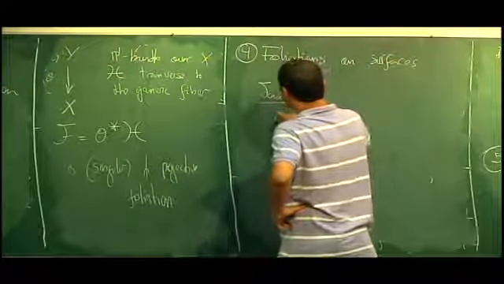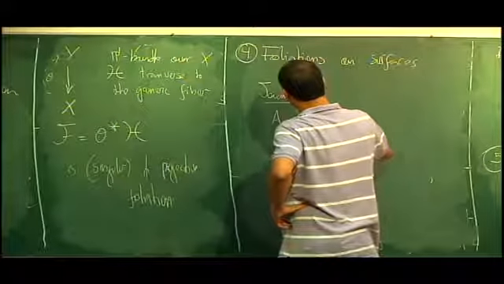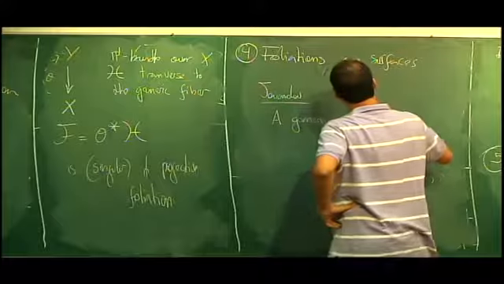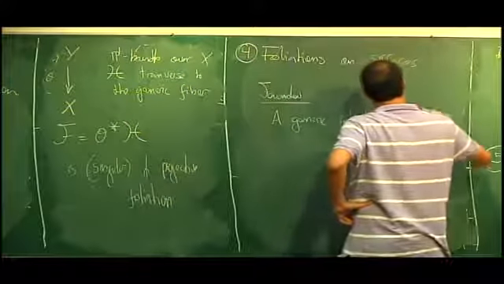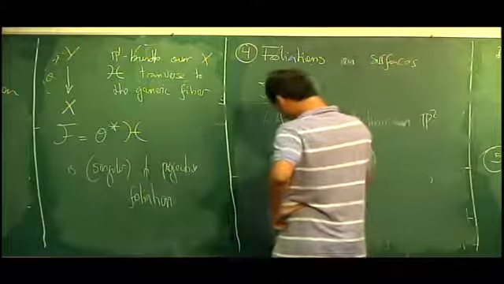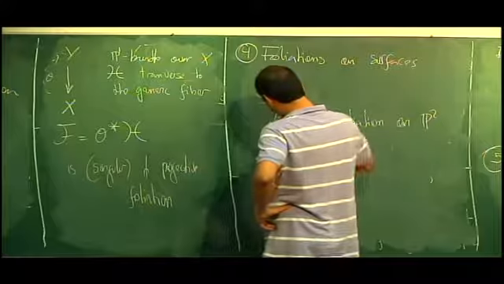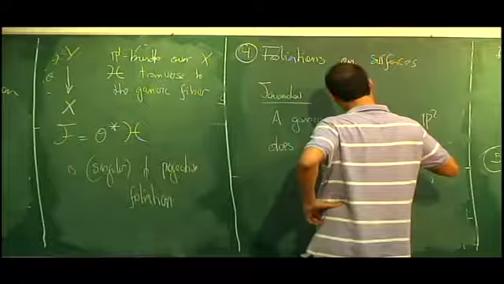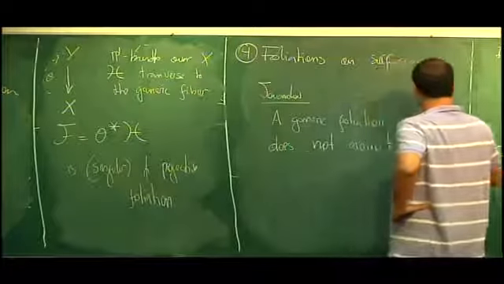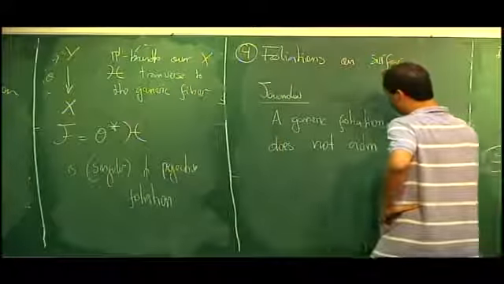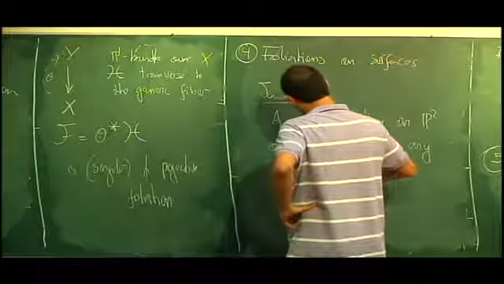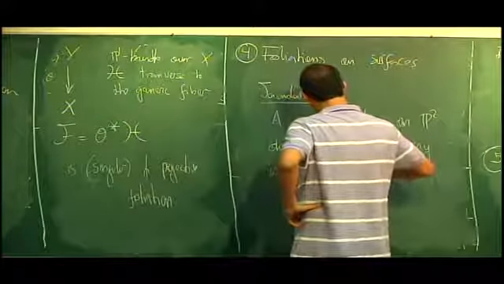It says that a generic foliation on P2 does not admit any invariant algebraic curve.